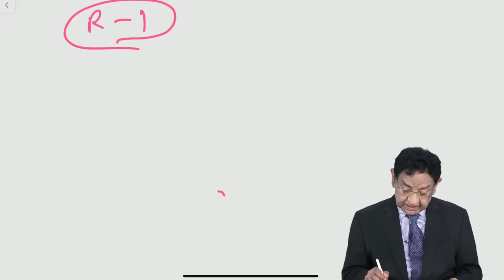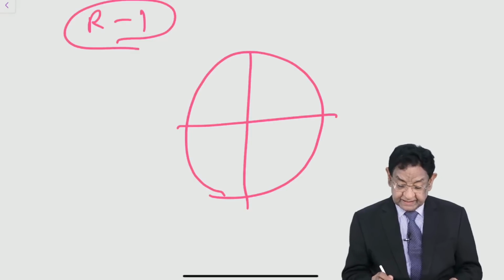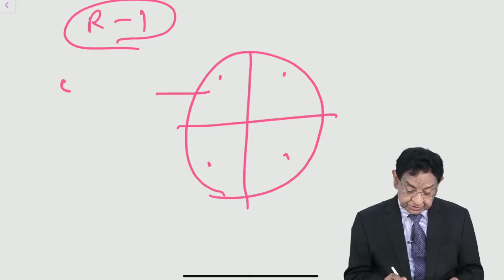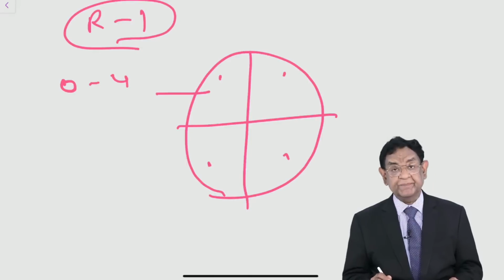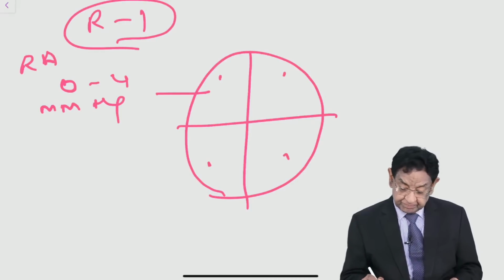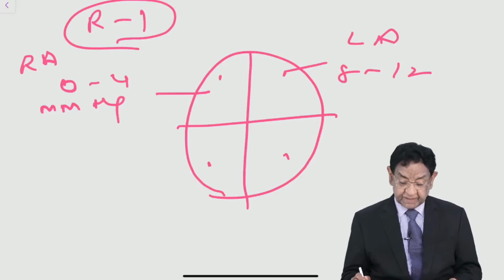Well, this is the heart, with RA, LA, RV, LV. Pressure in the right atrium is 0 to 4 millimeter mercury. Pressure in the left atrium is 8 to 12 millimeter mercury.